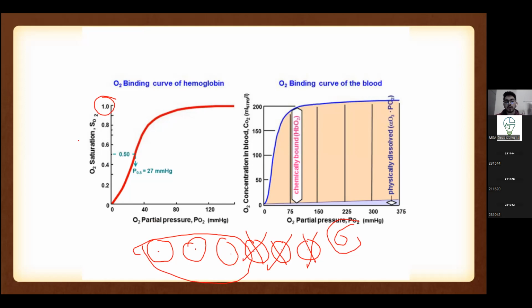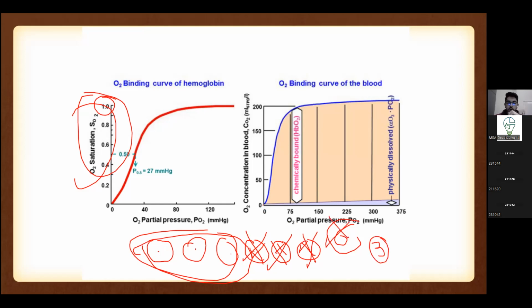So we are still going to have 100% saturation. Now we forget about these binding sites because they no longer exist. Only these are going to be counted. Therefore, when all of them are occupied, we have a saturation of 1. That's it for saturation. What about concentration? If we count the O2 molecules that we have now, we have a concentration of 3, not 6. So concentration is halved.